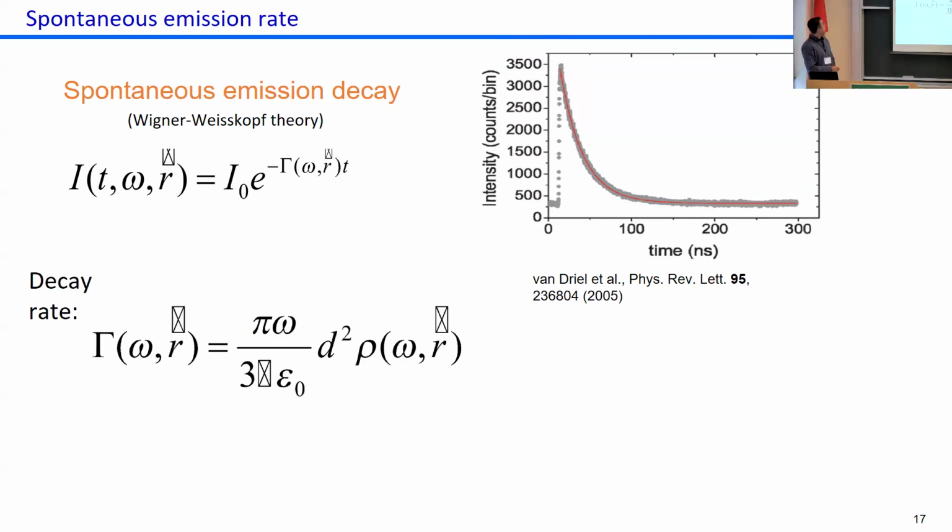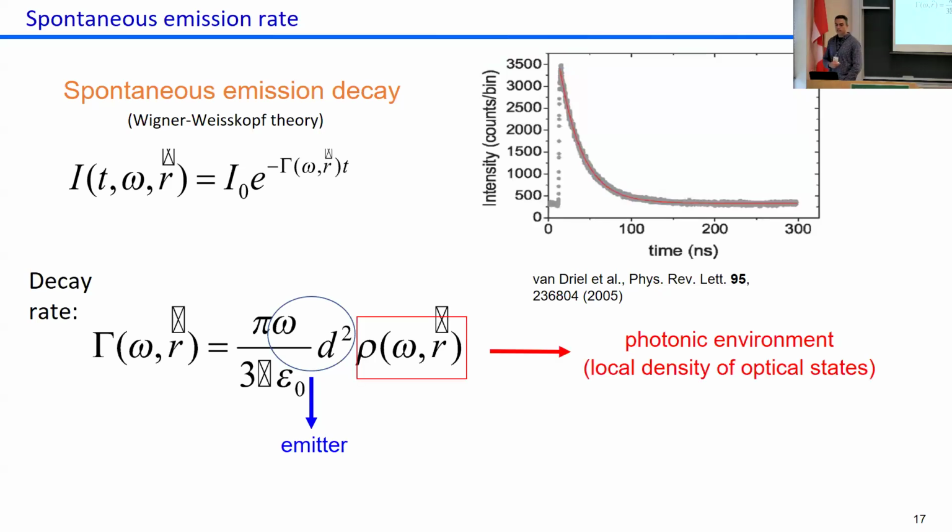What is important is that the decay rate is not an intrinsic property of the emitter only. It depends on parameters that are proper to the emitter, like the emission frequency and the dipole, but it also depends on rho, which is our local density of optical states, meaning that the photonic environment will affect the decay dynamics of our single photon emitter.